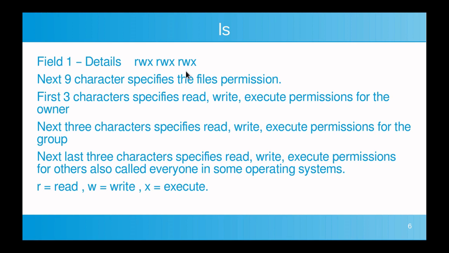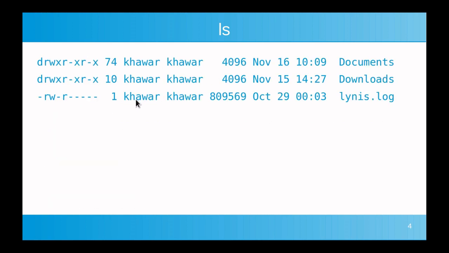So when you have an R, W, or X, it just means whether the read, write, or execute permission is available. For example, we take this one. Here the owner has read, write, and execute permission on this file, the group has read and execute permissions but not write, and everyone else, or others, has only read and execute permissions and no write permission.